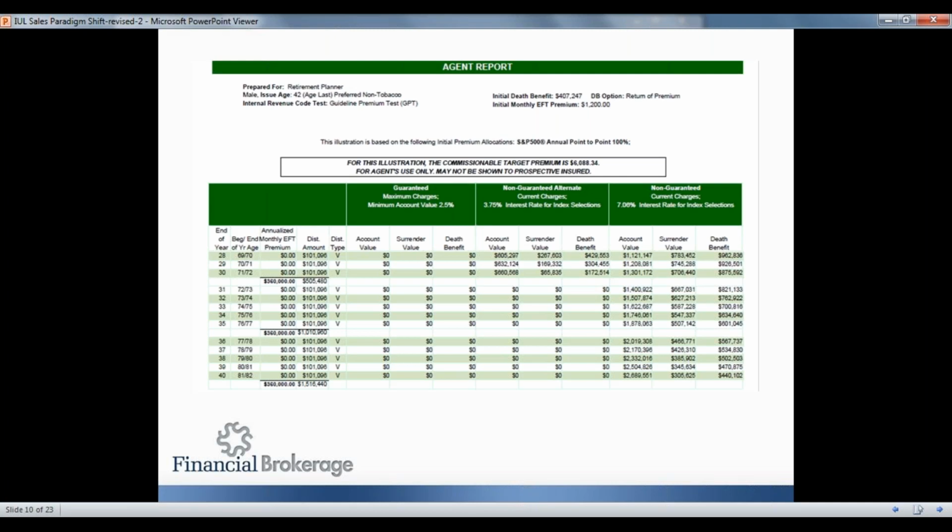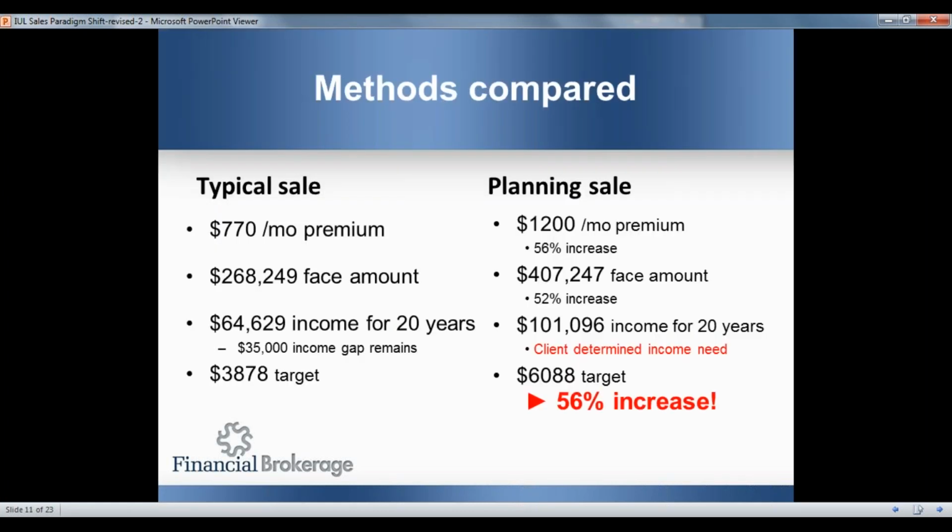Actually, I started with the premium. I came up with $1,200 a month. $1,200 a month gave us this distribution amount of just over $100,000. And it's fine. We don't hit it directly there because interest rates are going to change. So the best we can do is get close. But in this case, $1,200 a month gets us there.